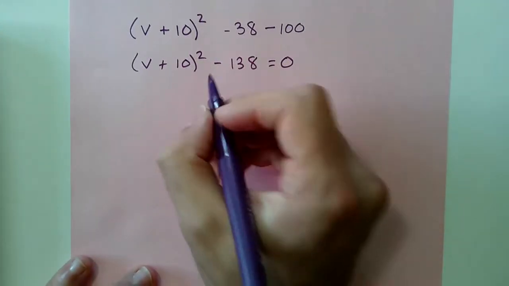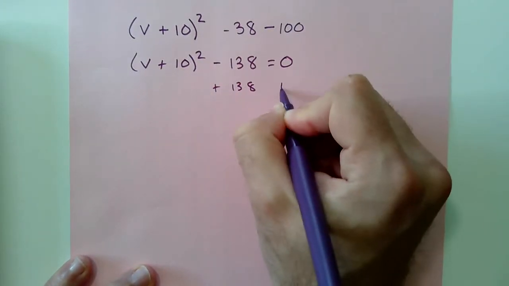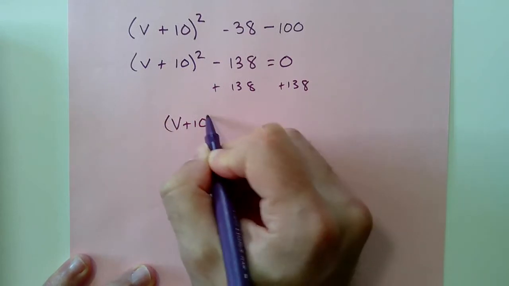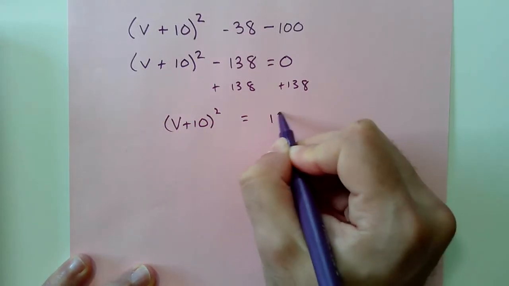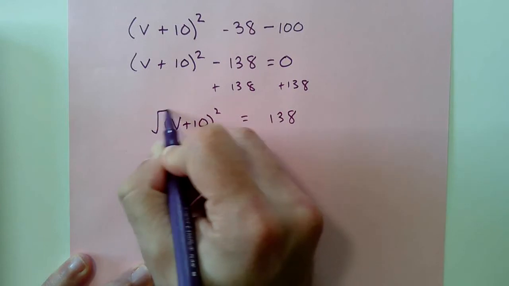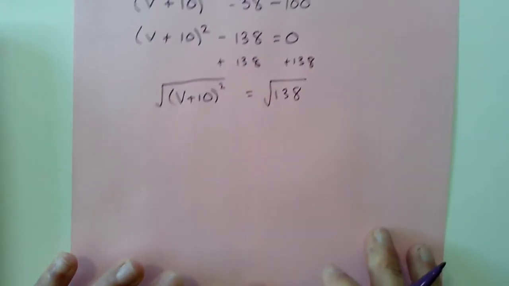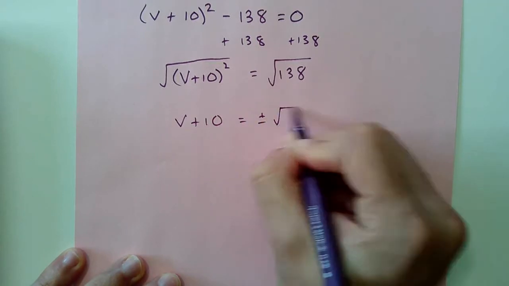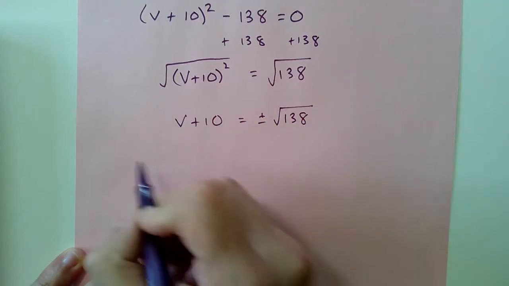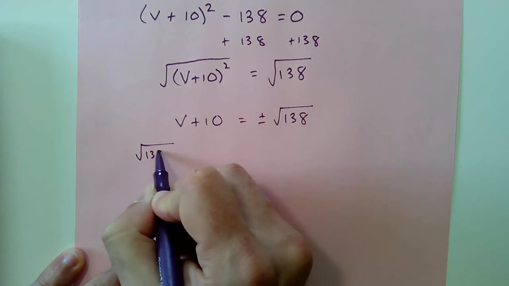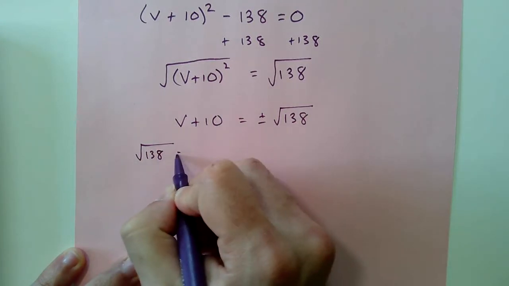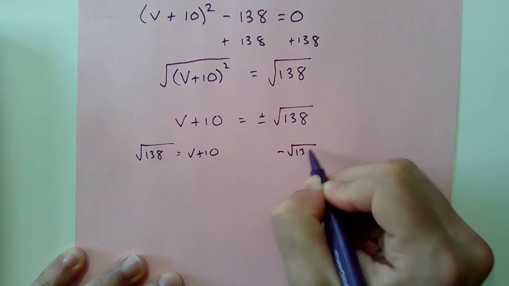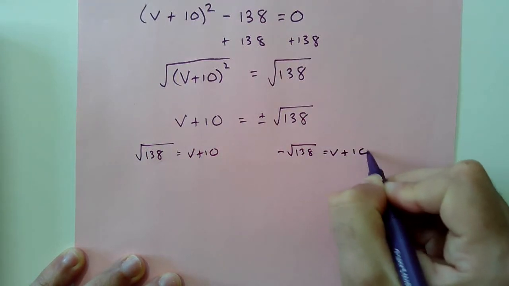And we're going to solve. Plus 138. V plus 10 squared equals 138. Square root. V plus 10 equals the positive and negative square root of 138. So I have the positive square root of 138 equals v plus 10, and the negative square root of 138 equals v plus 10.